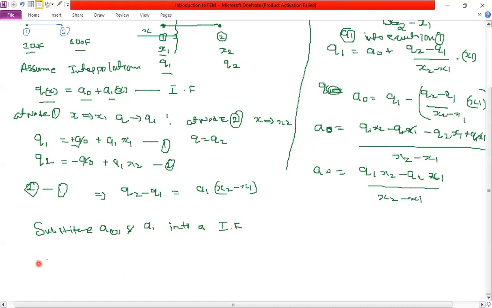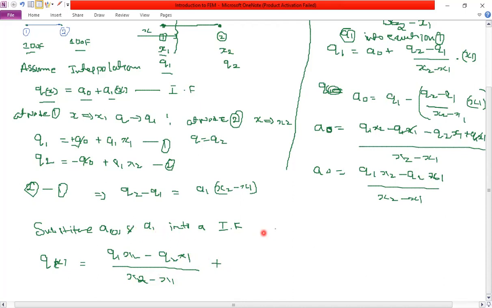If you substitute that, q of x can be written as a naught, which I got as q1 x2 minus q2 x1 divided by x2 minus x1, plus a1 times x.